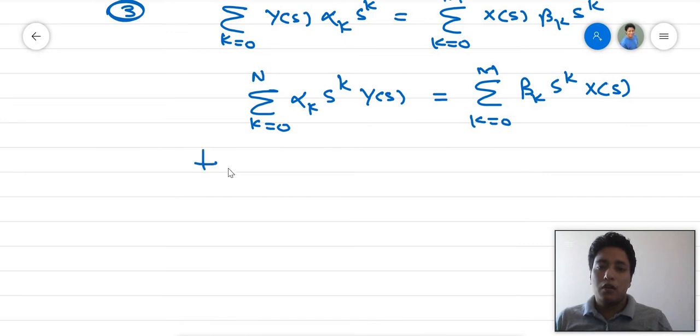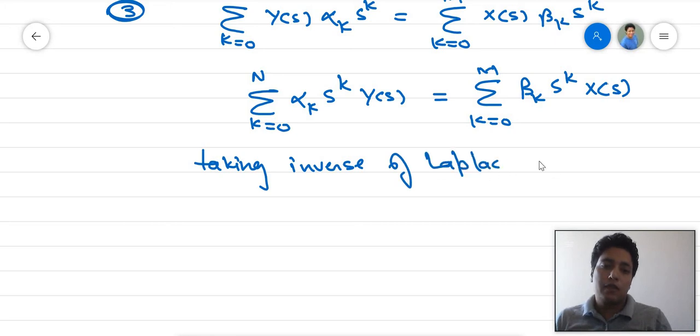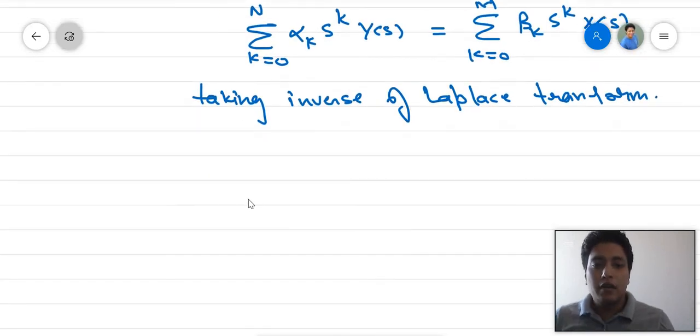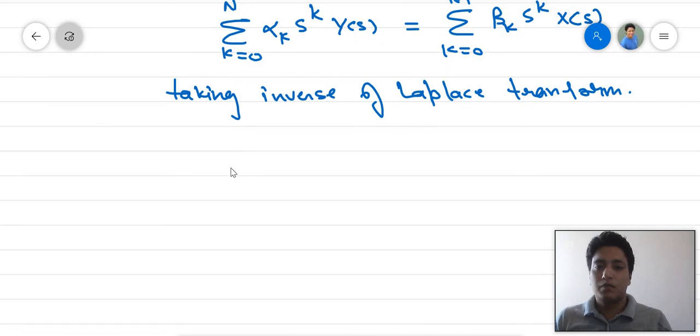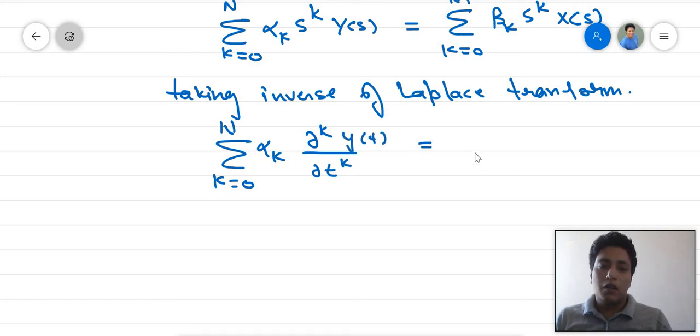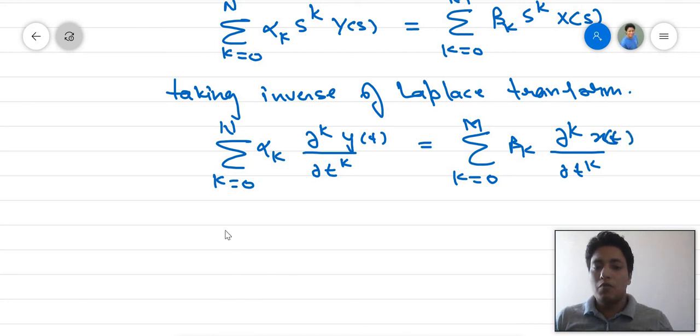Now taking the inverse Laplace transform, we will get the output as summation k equals 0 to N of alpha_k d^k/dt^k of y(t) equals summation k equals 0 to M of beta_k d^k/dt^k of x(t).